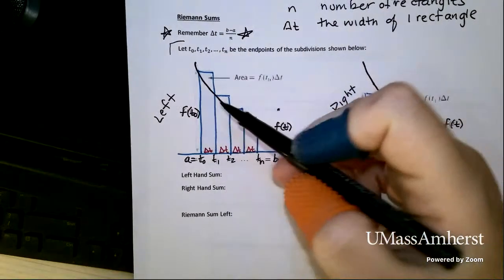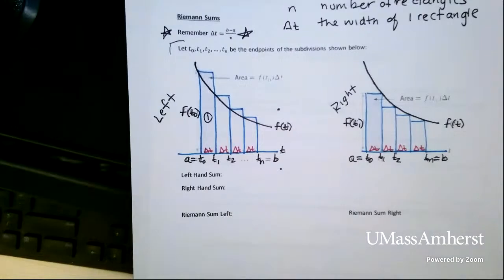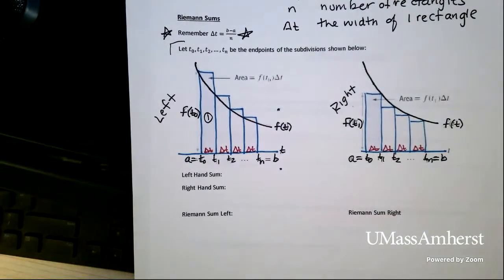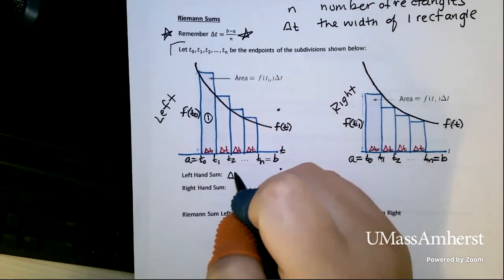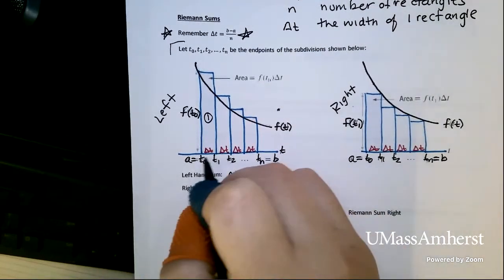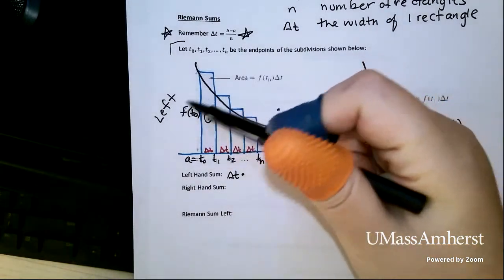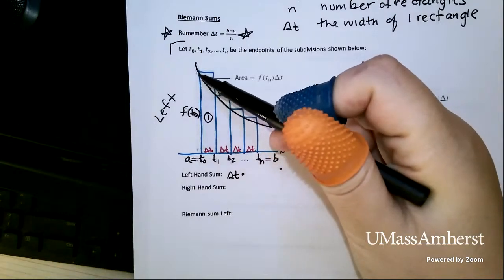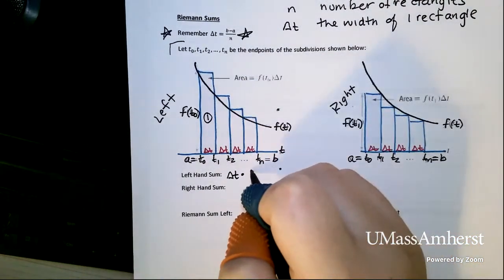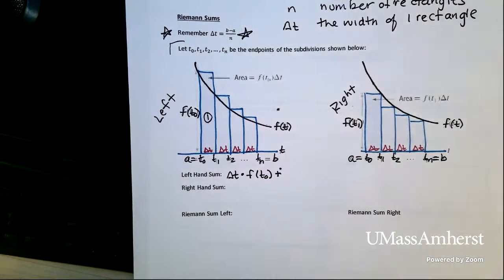If we want to get the area of this first rectangle, which we'll call number 1, we are going to do width times height, right? So the width is delta t. That's how far across it is. And the height is this f of t sub 0. It's the y value that we get when you plug in t sub 0. So that's the very first area.